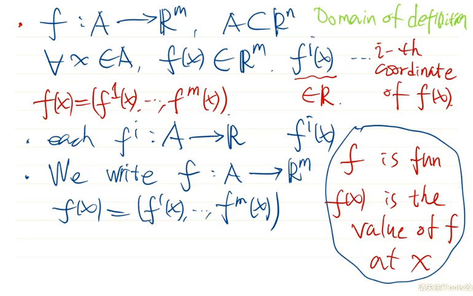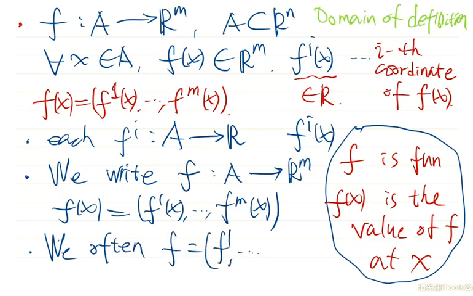So we want to write f by its components. The f_1, f_2, ..., f_m are called components of our function f.